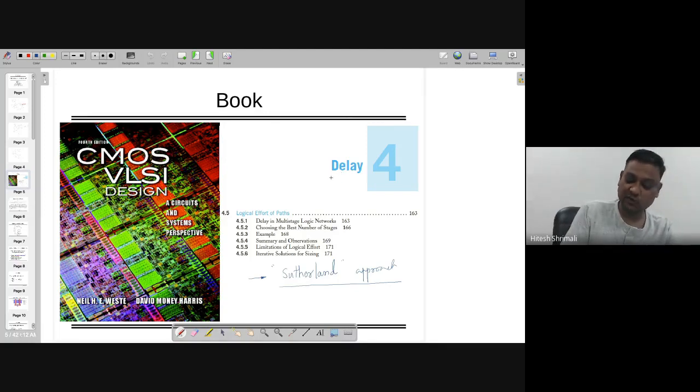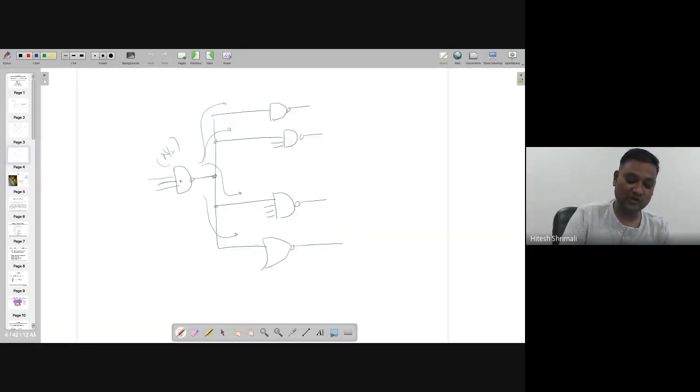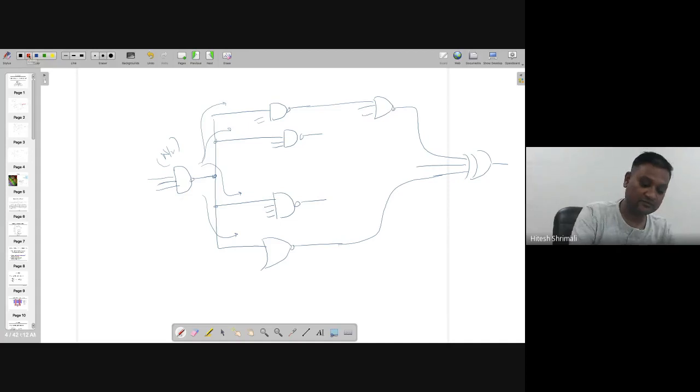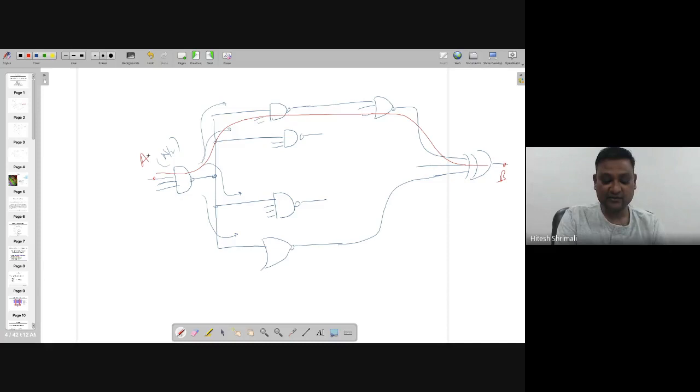As we know, the whole thing is related to delay, and delay is not for one stage. We are not interested only in one stage. Let's assume something like this: you may have many gates like this, and then you want to find the delay from this point to this point. I'm just checking the A to B path. In that case, you can use Elmore delay.